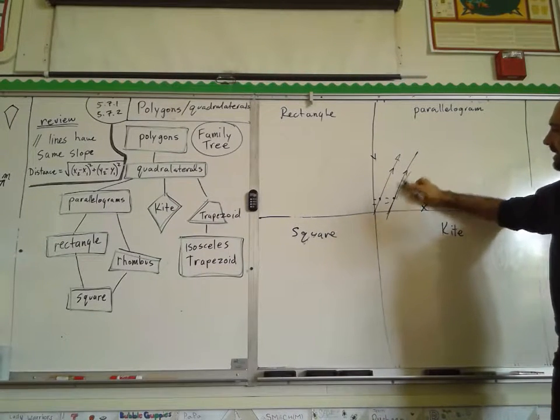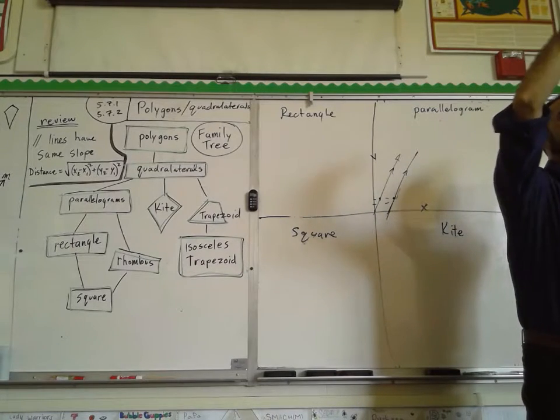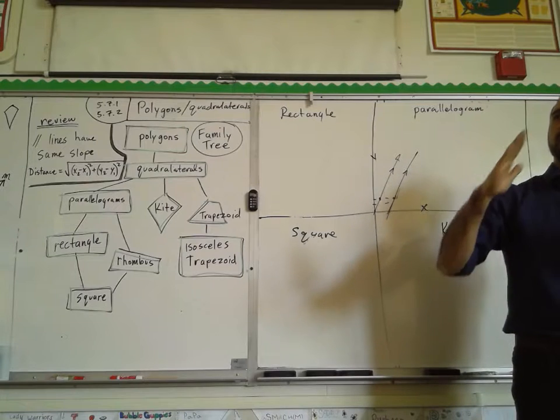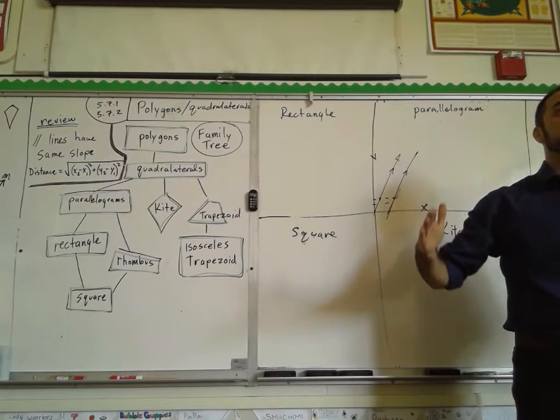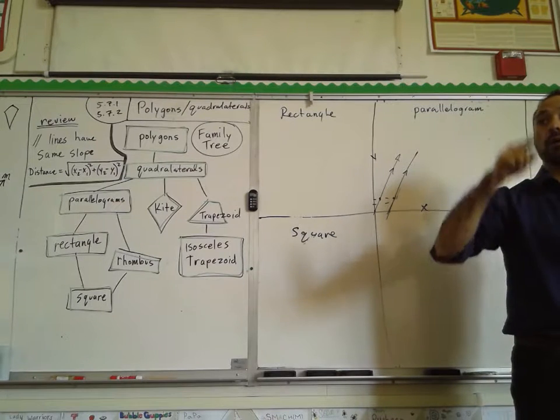So if you're going up 2 over 1, up 2 over 1, your steps are the same, right? So the lines that are created by those steps are going to be the same. So we can test if lines are parallel by looking at the slope, how far up and over it goes.